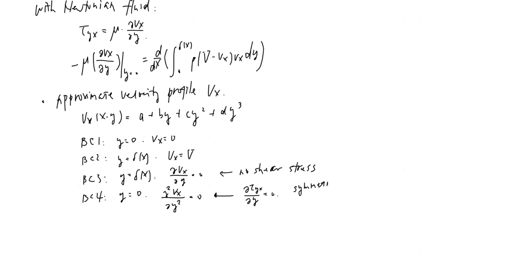That means we have symmetric shear stress with respect to the plate, back to the y equal to 0 plate. Let me ask, what does this mean and where does it come from?